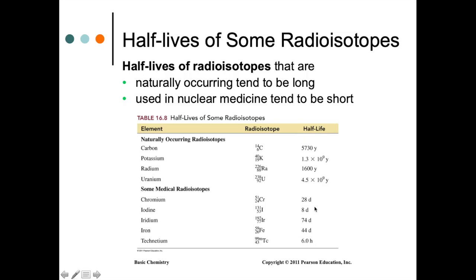This can yield different applications of these radioactive isotopes. These really short half-life radioisotopes are useful for applications where we don't want them emitting radiation for long periods of time. So you'll see that in a lot of medical applications.